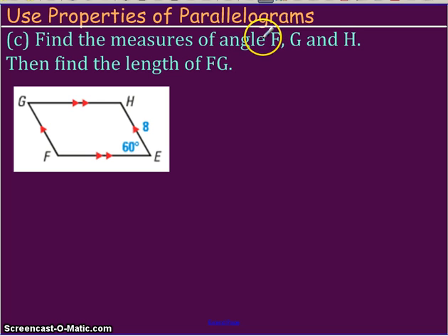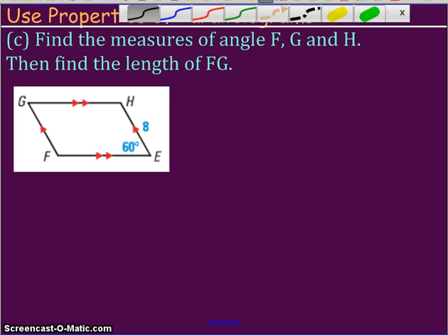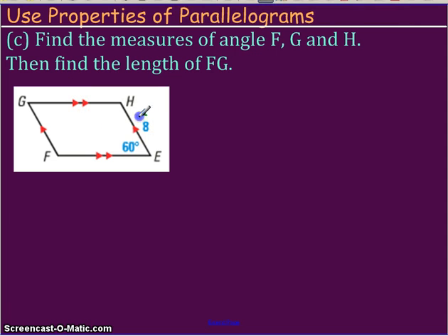Alright, we got the first example right here. We've got find the measures of angles F, G and H, then find the length of FG. I think I'm going to work backwards here on this one. Looks like FG is right here. We know that this is a parallelogram from the markings of the parallel sides. So if this side is 8, the opposite side is going to be 8 also.